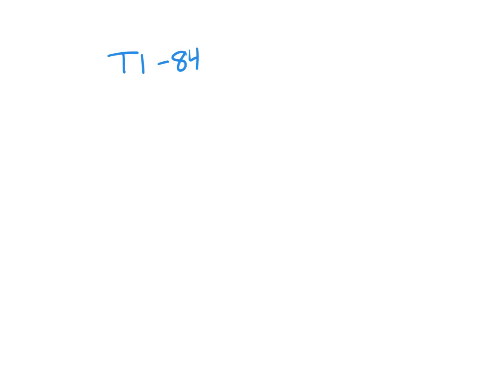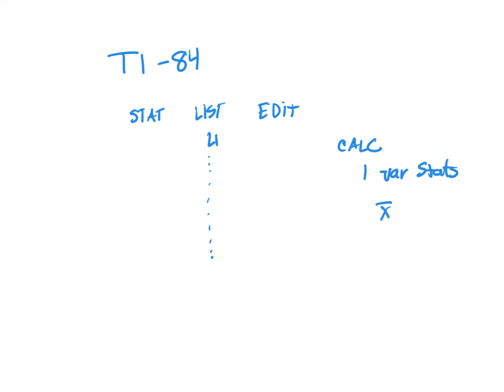If I go to the Stats button and choose Edit, then I can just enter in List 1 all my data, and then I can choose Calc, and then 1-Var Stats, and that's going to give me my mean and my standard deviation for a sample and my standard deviation for a population and a whole bunch of other statistics. The calculators give it all to me, including my median and a number of things.